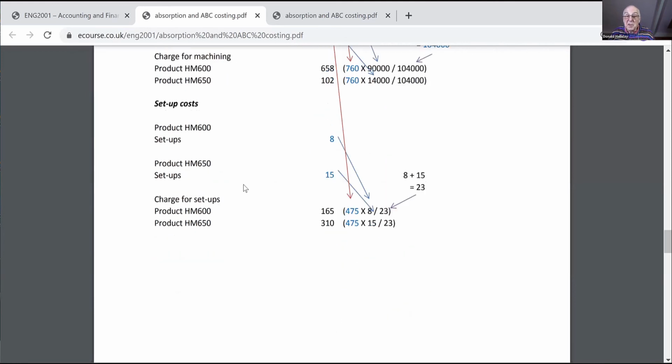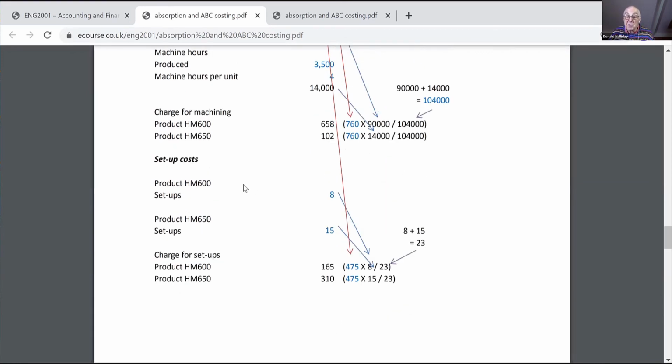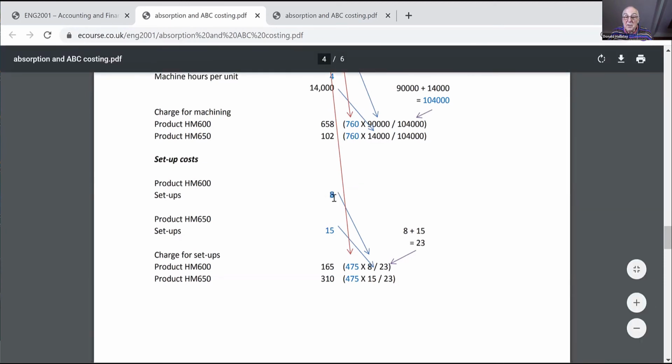The others are much easier because we don't have to work out the total in the usage base. So when it comes to setup costs, product HM 600 is going to take 8 setups in the budget period, and HM 650 is going to take 15. So the total setups is going to be 8 plus 15, which is 23.